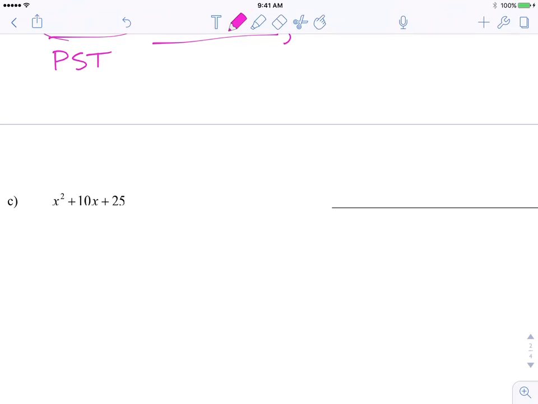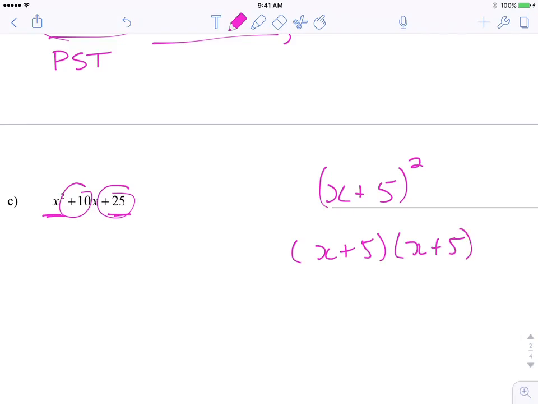All right, in this case, we have a positive 25 and the b value is 10. Again, the square root of x squared is x, and the square root of 25 is 5. In this case, it's also a perfect square trinomial because the first term is a perfect square and the last term is a perfect square. And we also know that this works out: x plus 5 squared is x plus 5 times x plus 5.